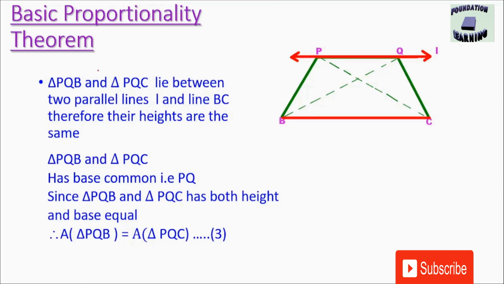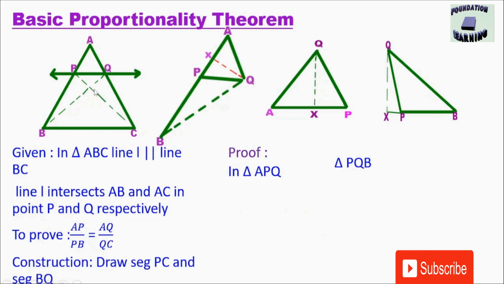Now we need to understand that PQB and PQC lie between two parallel lines, line L and line BC. Since these two triangles, PQB and PQC, lie between two parallel lines, I will show you the figure of PQB and PQC.